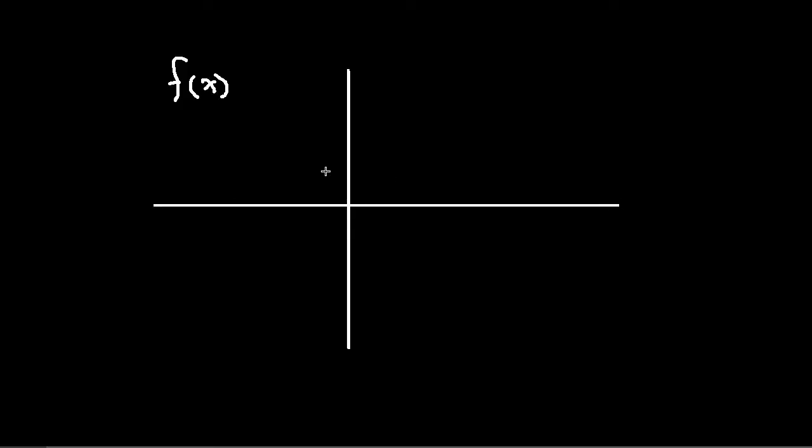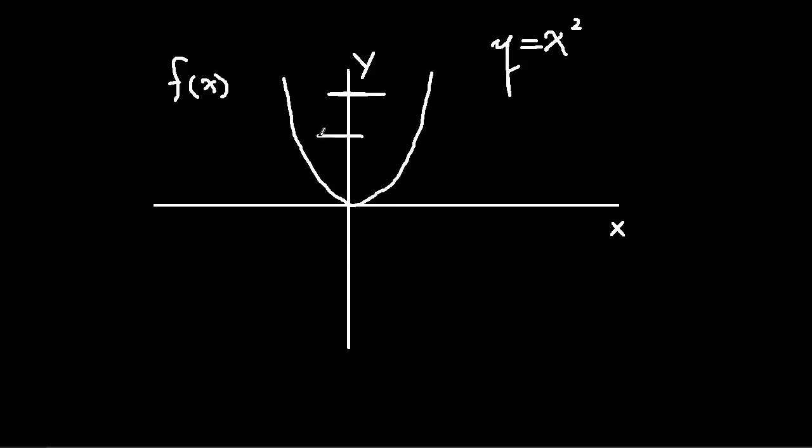symmetric across the y-axis. Here's the y-axis, here's the x-axis. So if the function is symmetric this way across this axis here, then we say the function is even. For example, y equals x squared is an even function because it looks something like this, and it's symmetric across this.